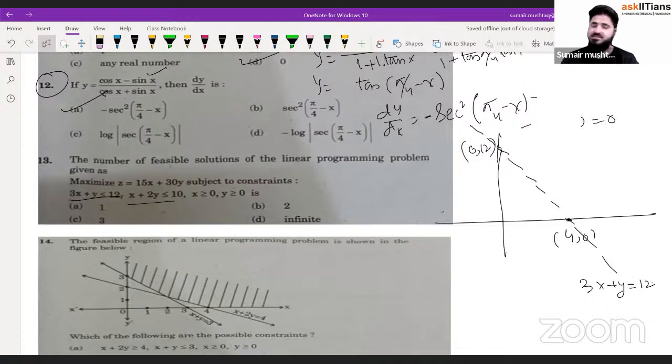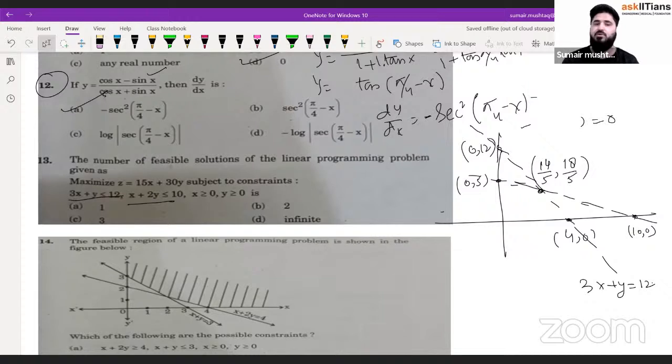Now for this line, take x equal to 10, y equal to 0, that is 10 comma 0 here. The next point it can take is 0 comma 5, so it will be here. Find the common region, the common point, and I can see that the common point is 14 by 5 comma 18 by 5.